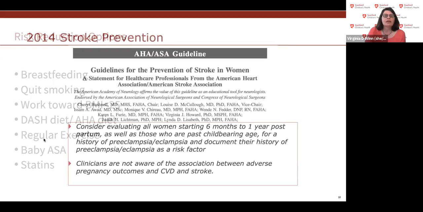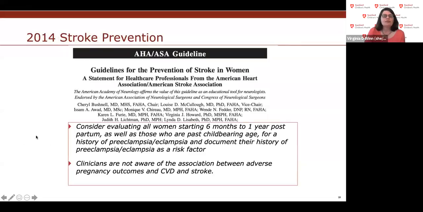In terms of stroke prevention, the guidelines from the American Heart Association for women with a history of preeclampsia or eclampsia are to make sure that this is documented and follow up for risk assessment 6 months to a year postpartum.